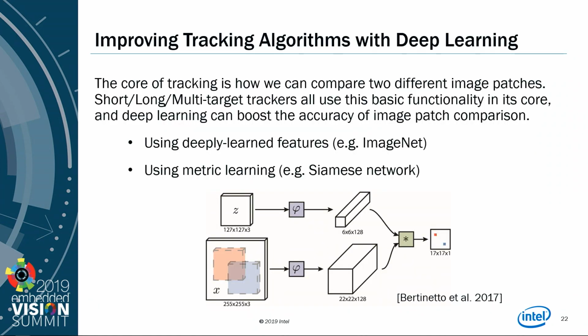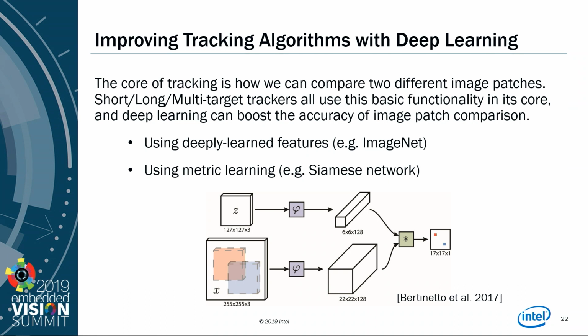Before concluding my talk, I want to briefly mention how we can use deep learning to improve the tracking algorithms. The core of tracking is to compare two patches, and decide whether this patch is similar enough or different.